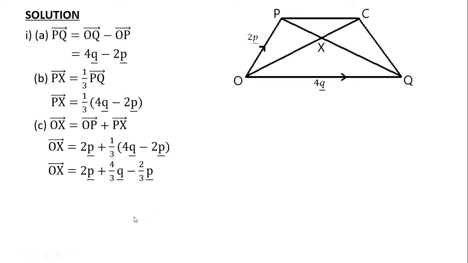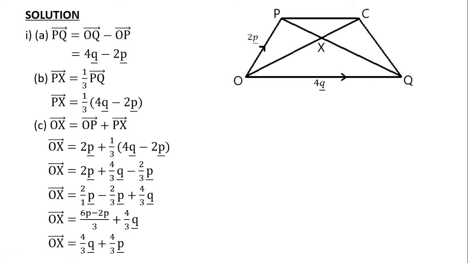And then from here, we can group the like terms together. 2P and negative 2 over 3P can be simplified. So we'll say 2 is the same as 2 over 1. We'll find our common denominator, which is 3. 1 into 3 is 3. 3 times 2 gives us 6P. 3 into 3 is 1. 1 times negative 2 will give us negative 2. 6P minus 2P will give us a positive 4P.